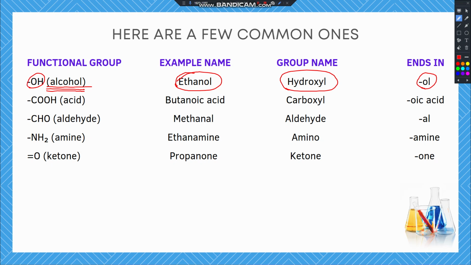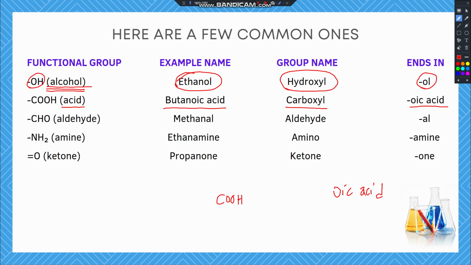Now we have the next one, which is the acid functional group. Okay, now when you see the symbol COOH, it has the group name carboxyl, and the suffix that ends the name of a compound that contains it is "oic acid". Okay, and a very good example of a compound that contains it is butanoic acid.